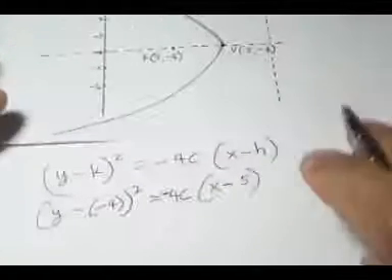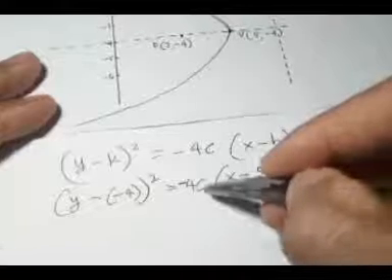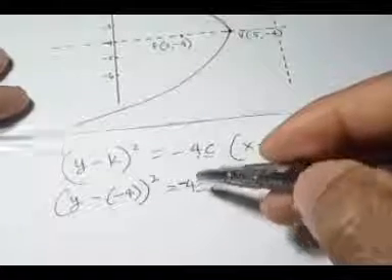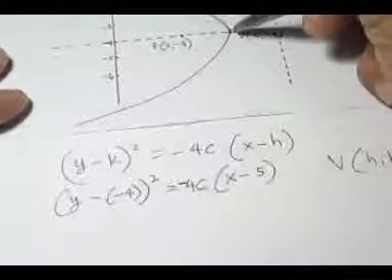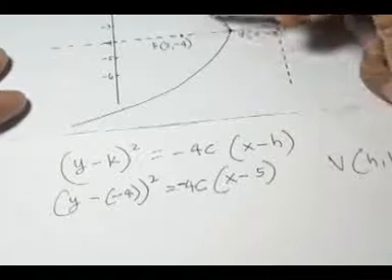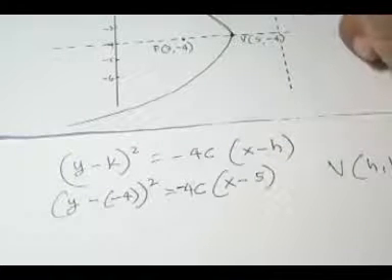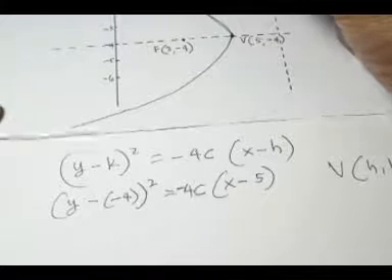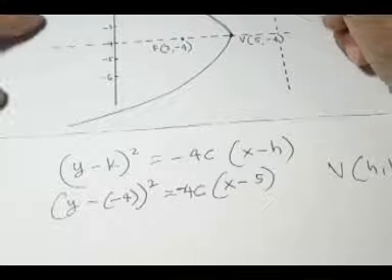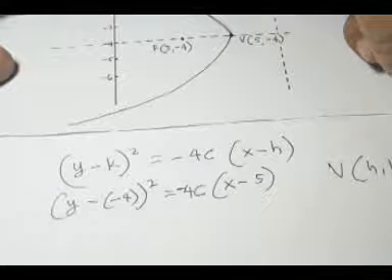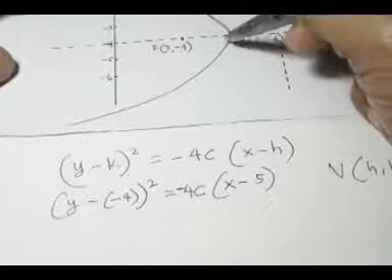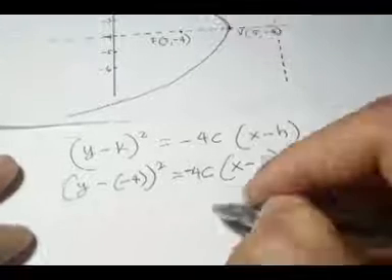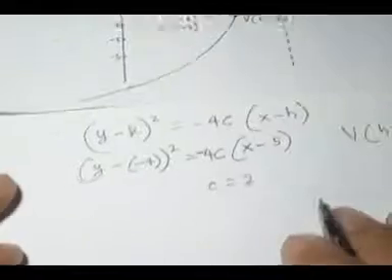Okay, next we have to determine c. Take note that it is the distance from the vertex to the focus. How much is the distance? So this is 5. So 1, 2. Again, this is 1, 2. So c is equal to 2.